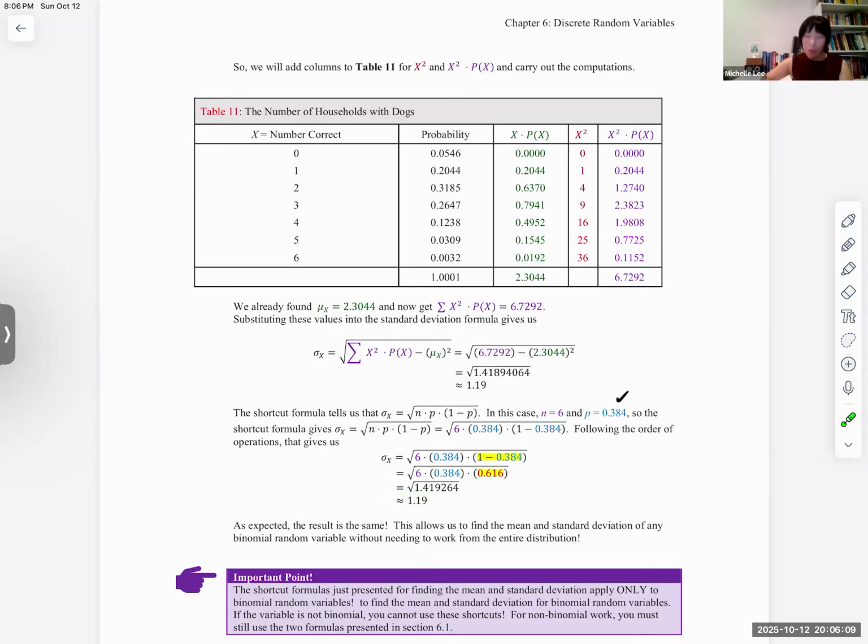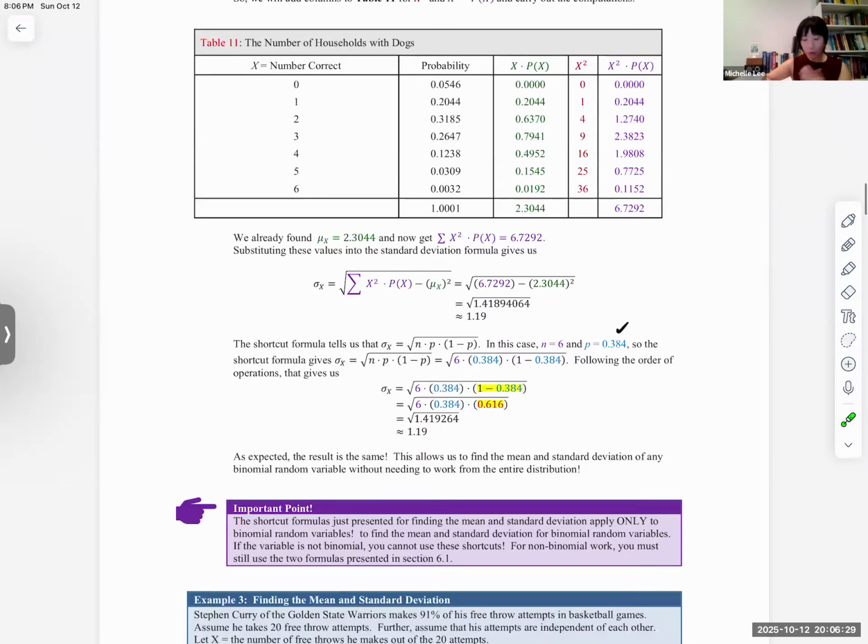So even though we are using the binomial standard deviation formula, we get the same answer, and we don't have to do all that work, which is for the general discrete random variable formula. The results are the same, but this formula is only for binomial.